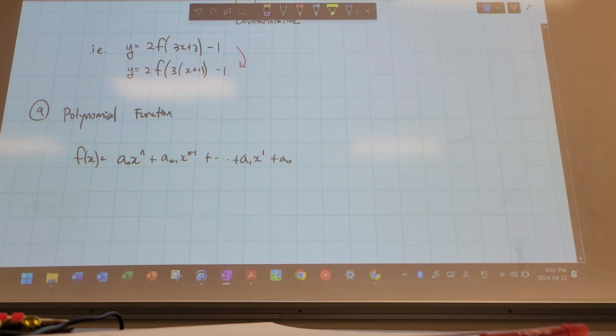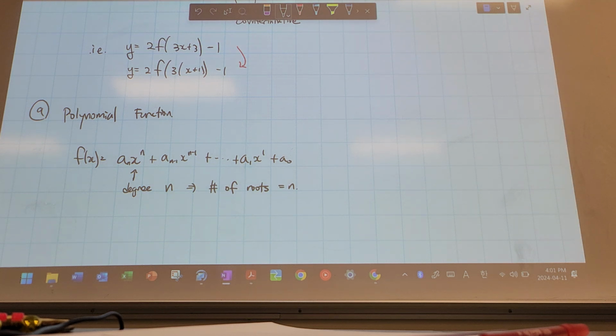This degree n tells you the number of roots. In this case, the number of all roots is equal to n. So that's quite important.